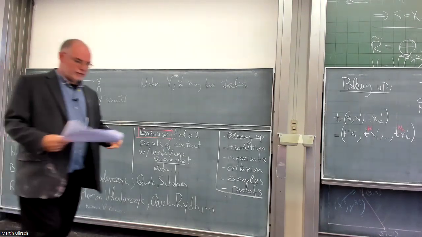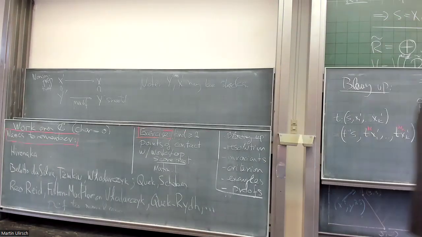There's destackification for tame quotients. So for me, this is not an issue. For standard birational geometry, this is also not an issue because we know how to resolve the coarse moduli space.